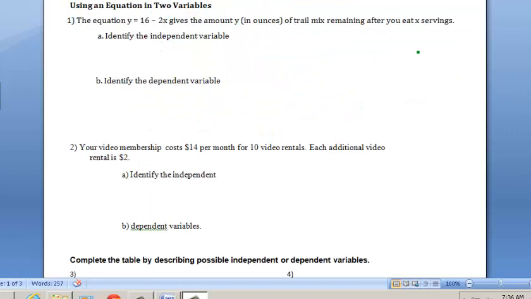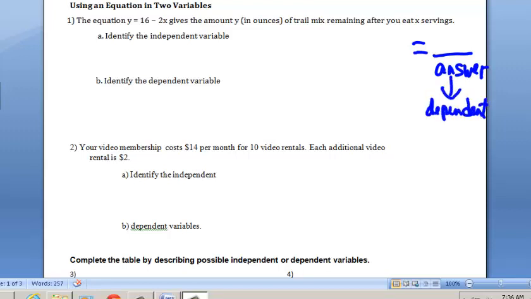Okay, let's go ahead and identify some independent and dependent variables. Again, usually when something is equal to, and this is your answer, this is always the dependent variable.